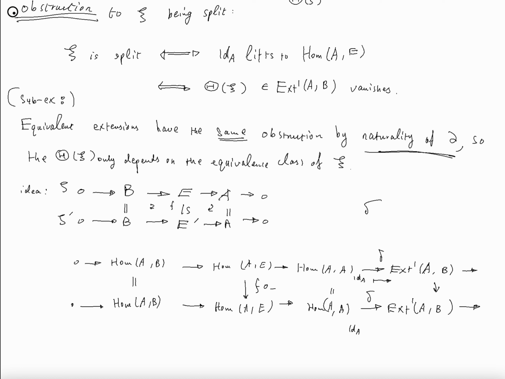This is mapped to, let's say, obstruction C. This is mapped to obstruction C prime. And then you will see that this gives you an isomorphism, because this is an isomorphism.